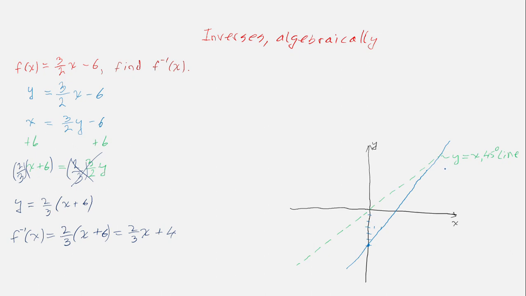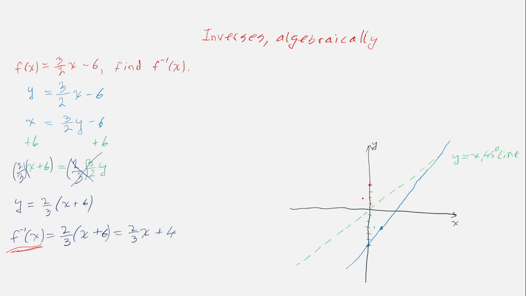So it goes through here. Now if we do the inverse, I'm going to do it in red. The y-intercept is at 4, so 0, 4, so 1, 2, 3, 4.